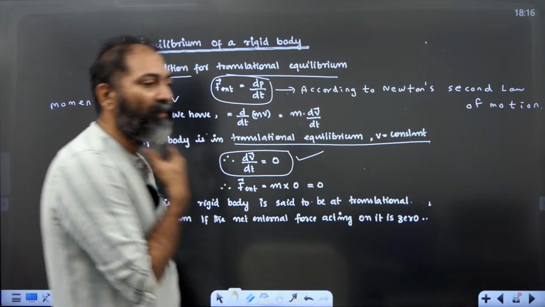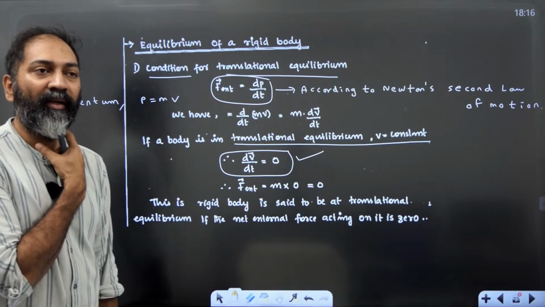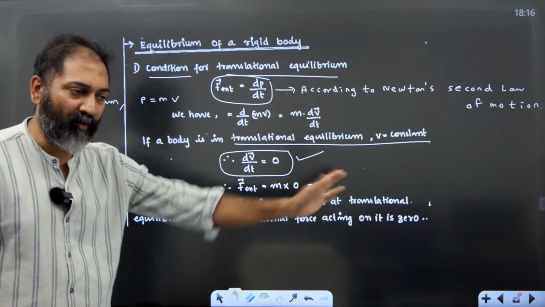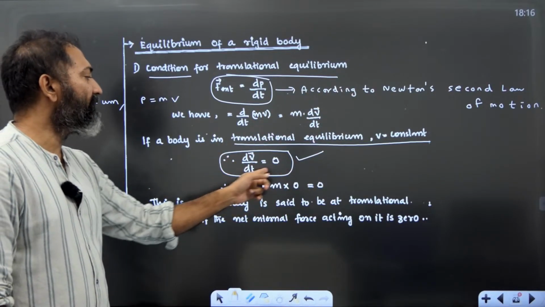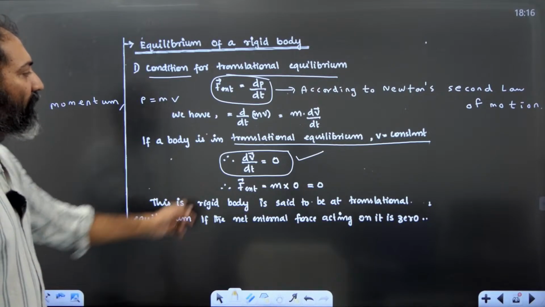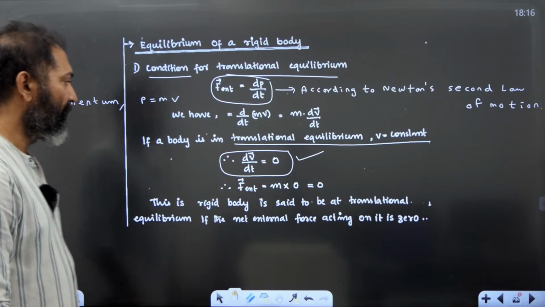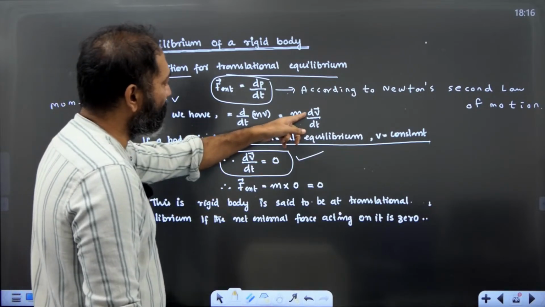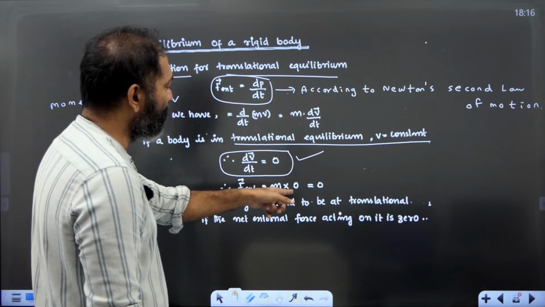Why is dv by dt 0? If a body is in translational equilibrium, velocity will be a constant, so the change in velocity will be 0. That means external force is equal to m into dv by dt, and instead of dv by dt I write 0.